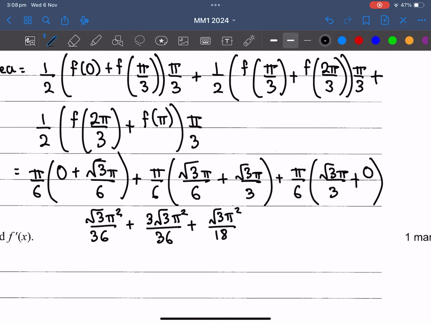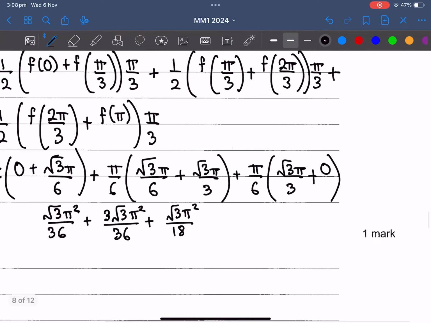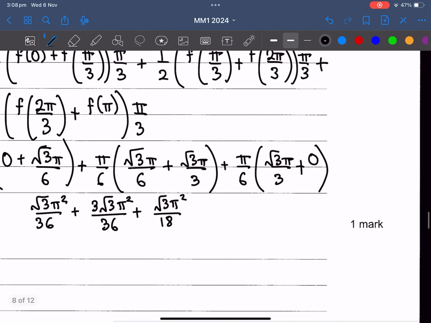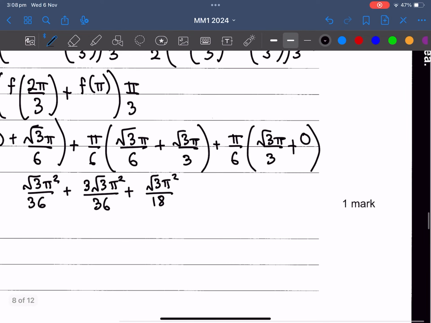Oh, this one is 36 as well. So we make the denominator the common one: root 3 pi squared on 36 plus 3 root 3 pi squared on 36 plus 2 root 3 pi squared on 36.